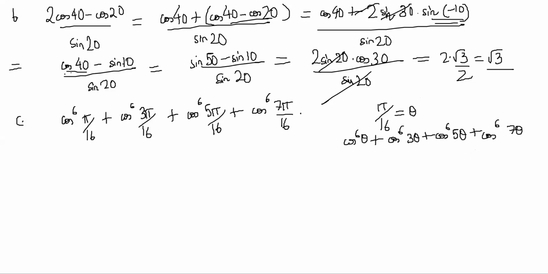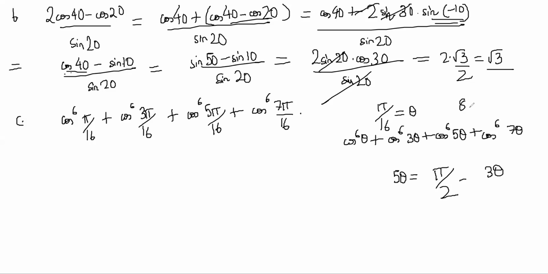Let's try to understand what this 5 theta is. 5 theta is equal to 5 pi by 16, which is pi by 2 minus 3 theta. 5 theta plus 3 theta is pi by 2, basically 8 theta is pi by 2.